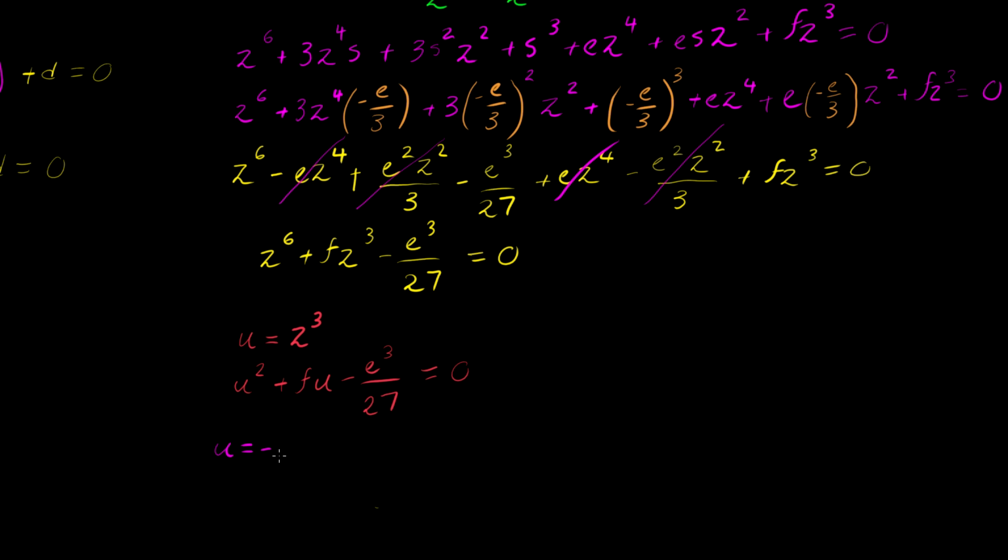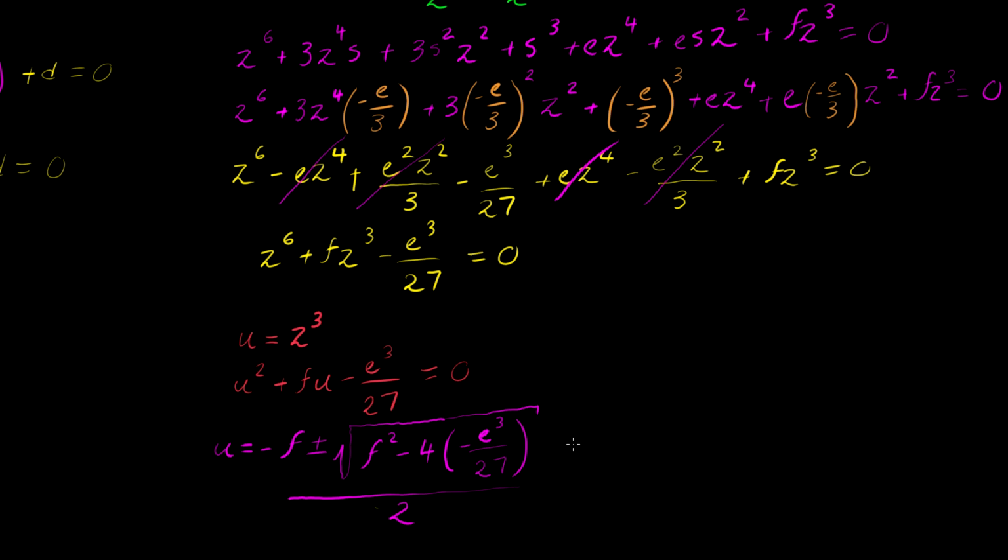So using the quadratic formula, u is going to be negative f plus or minus the square root of b squared, so our b squared is just f squared. I'm not going to write out the quadratic formula, we should all know this. Minus 4 times a times our c, which is just negative e cubed over 27, and all of that over 2a, so it's just going to be all over 2.